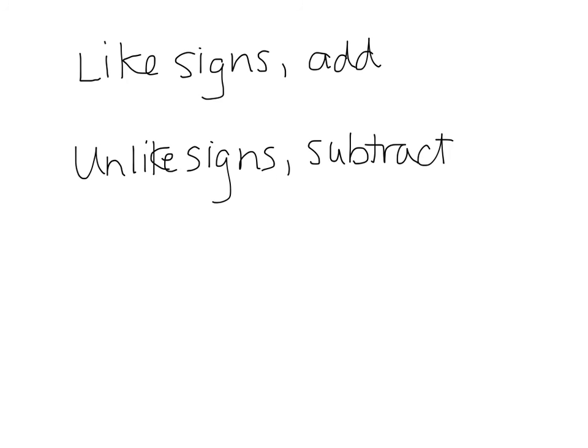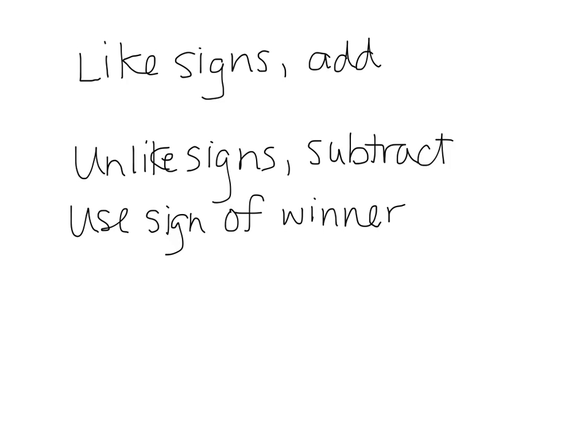In either situation, we're going to use the sign of what we might call, using the checker model, the team that had more, the sign of the winner. For now, before we learn what absolute value is, we're going to say use the sign of the winner. And you can see when they're like signs, they're all the same, so you use the sign that they all are alike.